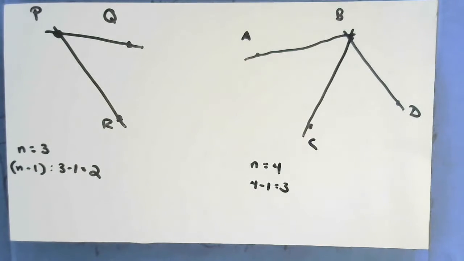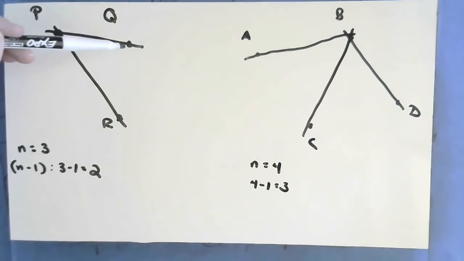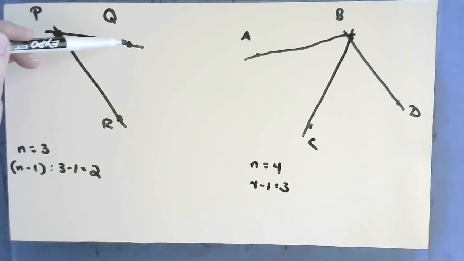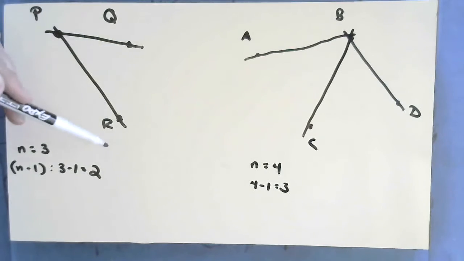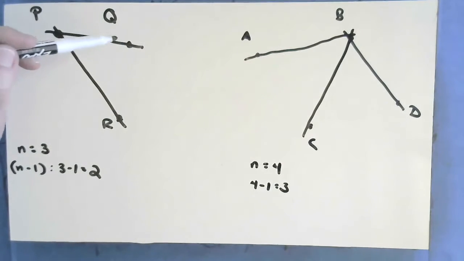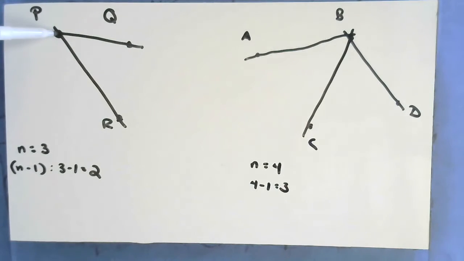And the second bullet point says the second point connects to all but the first, meaning that it's already connected to the first. So we're not going to draw a new line from the second back to the first. That's already been taken care of. So the second point has to connect to all of the other points. That's what we're thinking when we say one point's already been used. That was our first point.